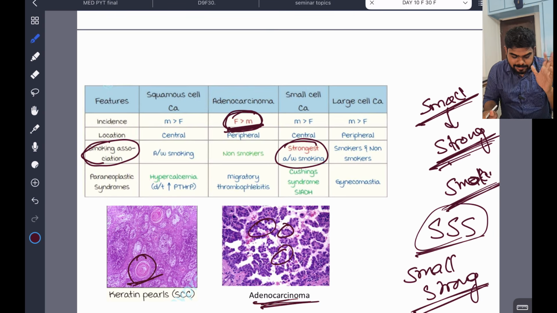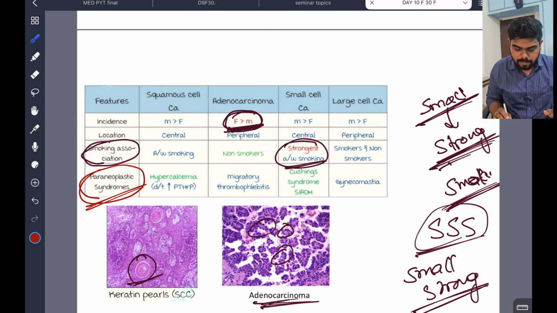So now we can see smoking association is strongest with small cell carcinoma. And we should know something called paraneoplastic syndrome. Okay, paraneoplastic syndrome, this is very important. All these cancers will produce some proteins, peptides; these are known as paraneoplastic syndrome.